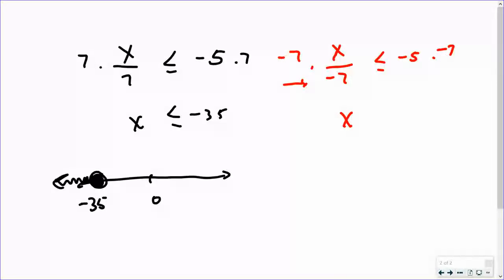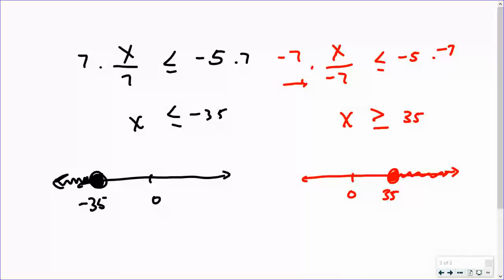So x, and when I multiply this, I get 35. Now here's the kicker. Whenever I multiply or divide by a negative number, the inequality symbol flips. So now this is saying I want all the numbers that are bigger than or equal to 35. So it shades and goes the other way.